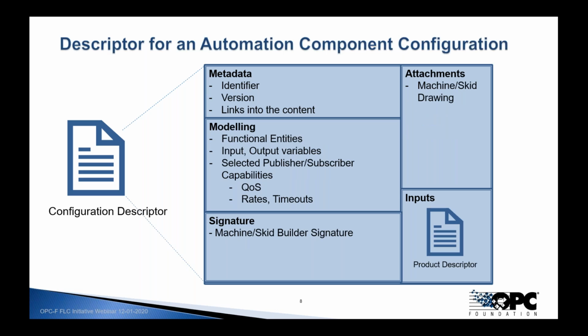A configuration descriptor is similar to that, but of course it has a focus on different kinds of modeling data. So for a controller, there will be the functional entities, the structure of the functional entities included, which describe the interfaces to the applications that the controller is running. Part of that are the input and output variables, the capabilities for publishing and subscribing, the quality of service, rates and timeouts.